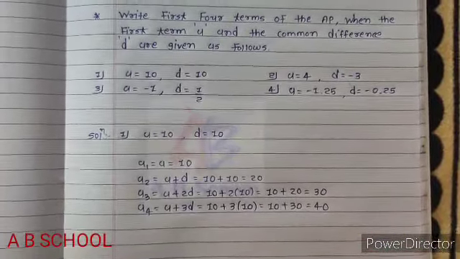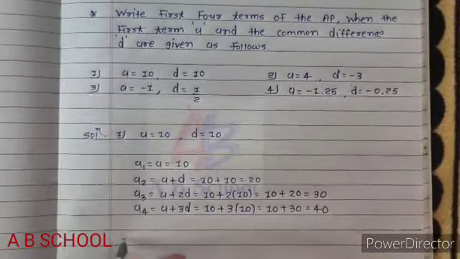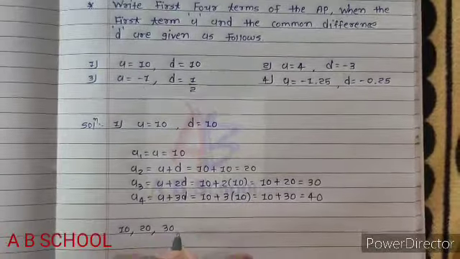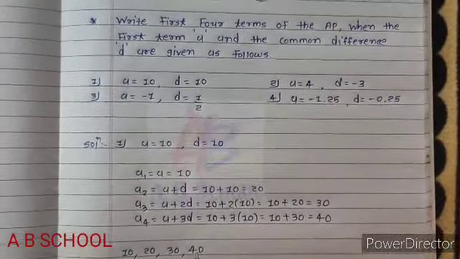So clearly the series will be 10, 20, 30, 40.